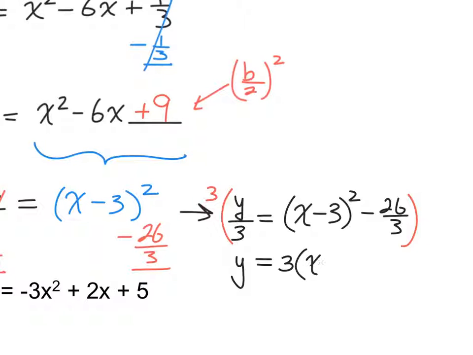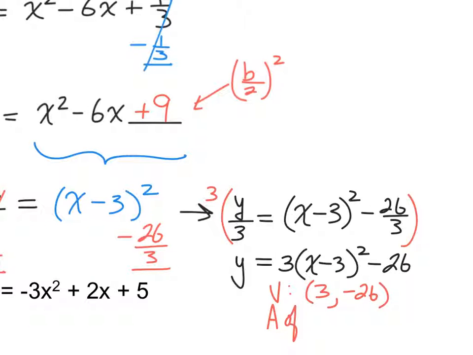I'll just put a coefficient of 3 right in front. And what's negative 26 thirds times 3? Negative 26. All right, and what is my vertex? 3, negative 26.